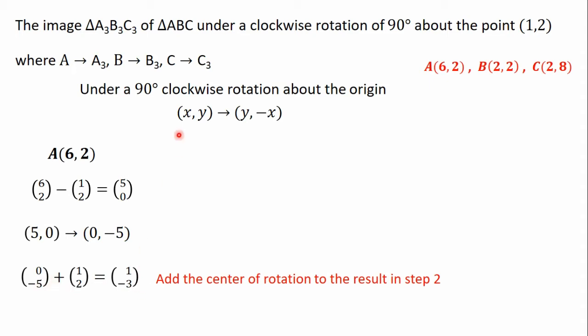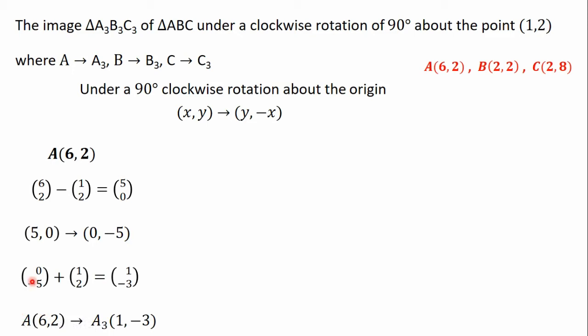So it means that under a 90 degrees clockwise rotation about the point (1, 2), the point A with coordinates (6, 2) will give us the image A3 with coordinates (1, -3). So this is for point A. We are going to do the same thing for point B and point C. So let's do that.